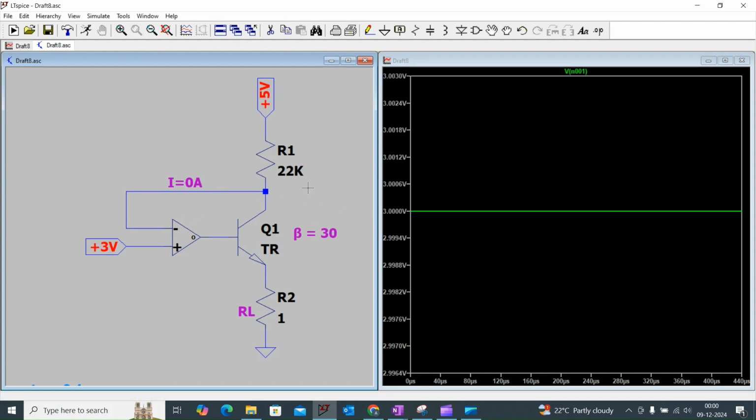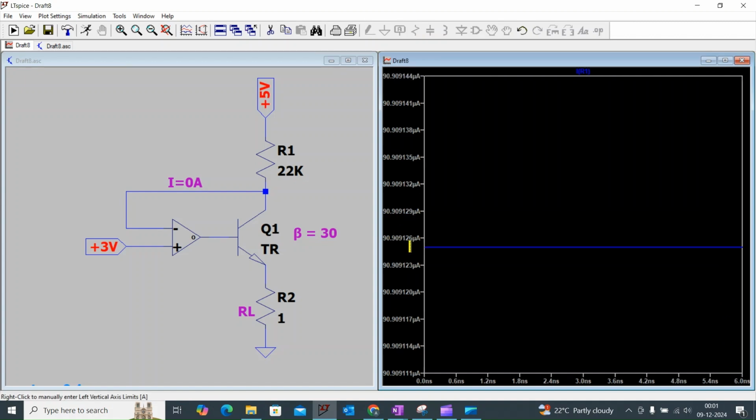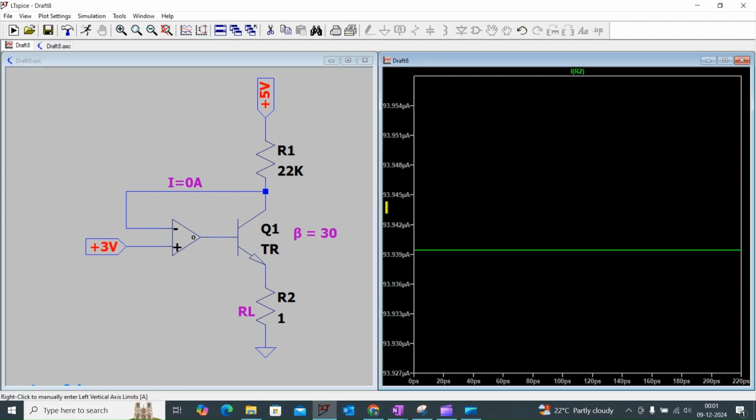When we calculate, the collector current IC across the 22 kilo ohm resistor is 90.90 microamps. Due to the value of beta, the current across the emitter will be 93.93 microamps. So our theoretical calculation and the simulated value match each other.